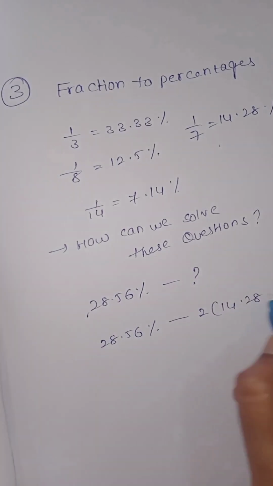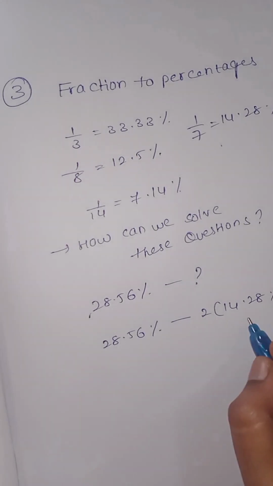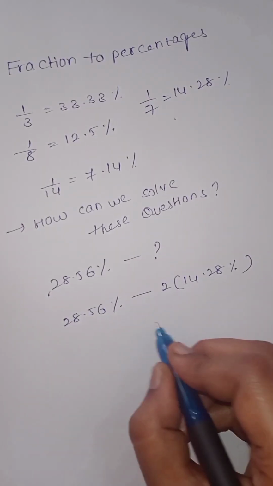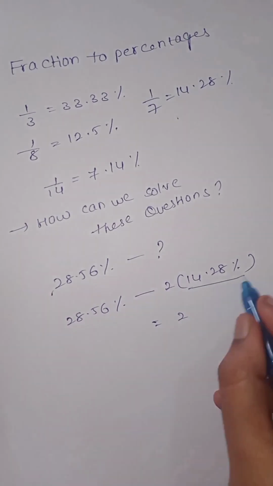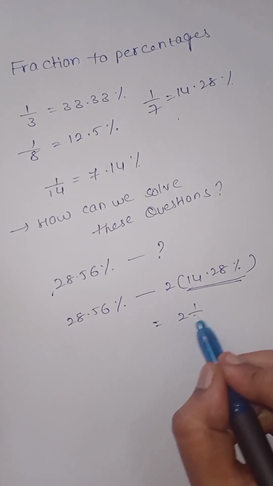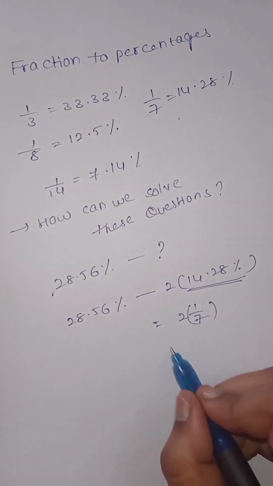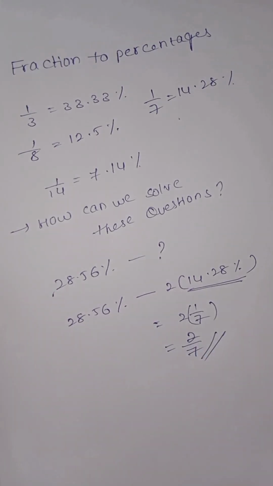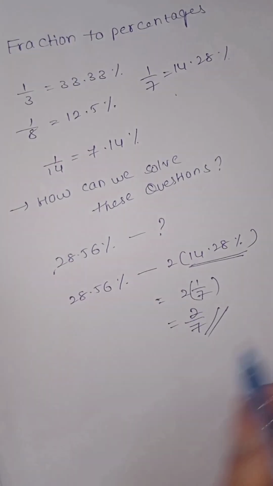It's a multiple of the 1 by 7 value. Look carefully. 14.28 into 2 is equal to 28.56%. So you take 2 into 1 by 7, and you get 2 by 7. So the value of 28.56% is equal to 2 by 7.